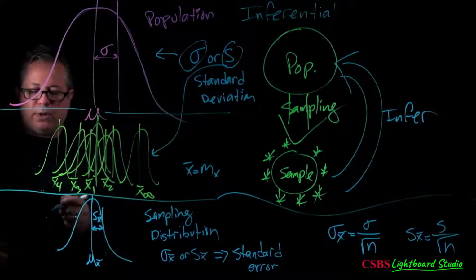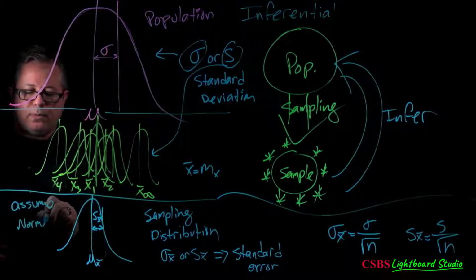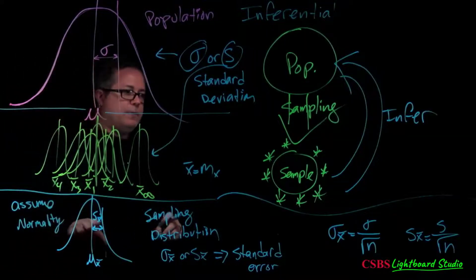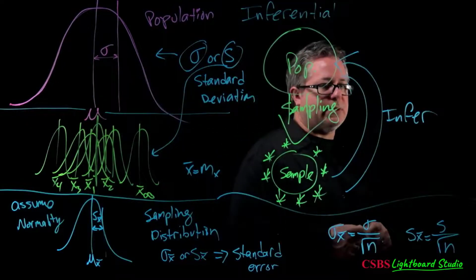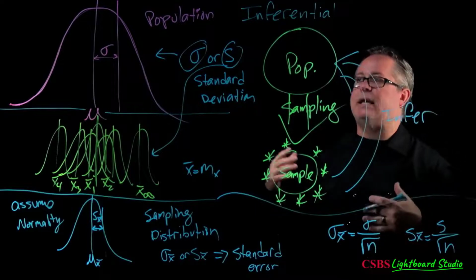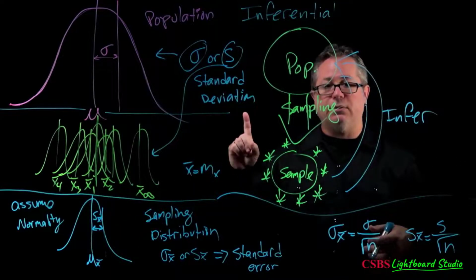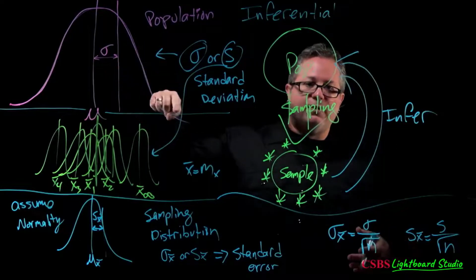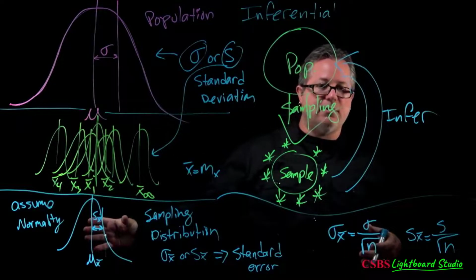This is where we assume normality at the level of the sampling distribution. And there's two ways to get us there. Two ways where we can feel satisfied that this distribution is normal. One, the easiest way, is if we know the population is normal. If this is normally distributed, this will be normally distributed. Okay, that's it.